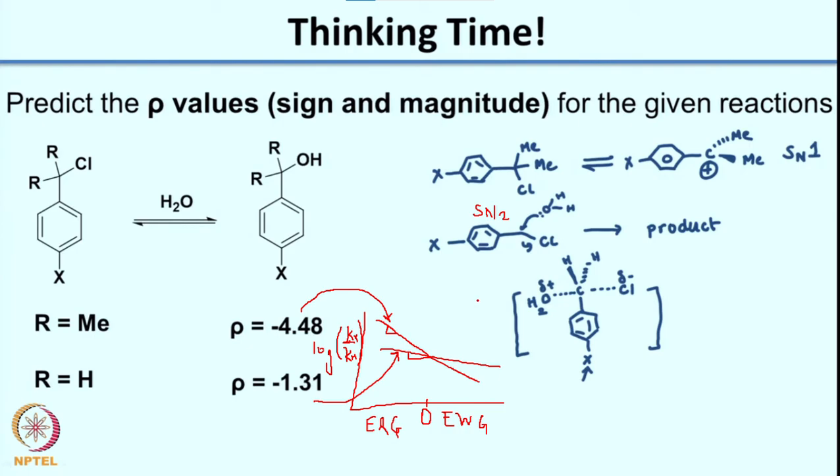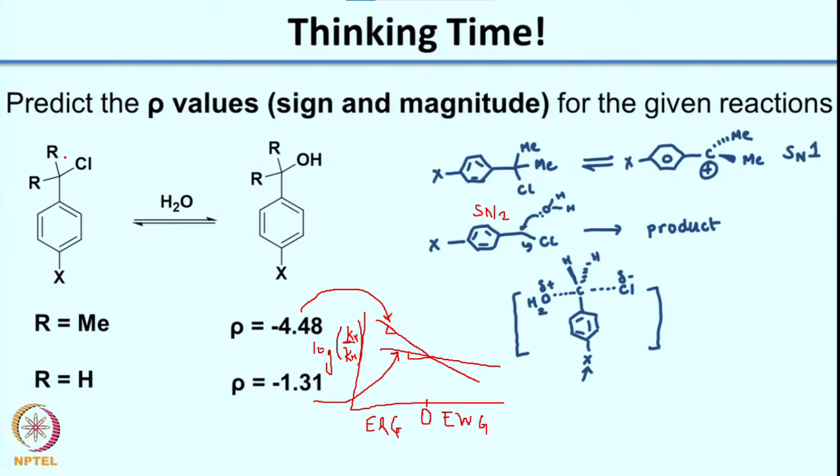Now we have discussed some examples today, that is SN1 reaction type. We have taken a simple reaction where both the R groups were Me. In that case, the reaction proceeded via the SN1 mechanism, but when both the R groups were H, then it followed the SN2 mechanism.